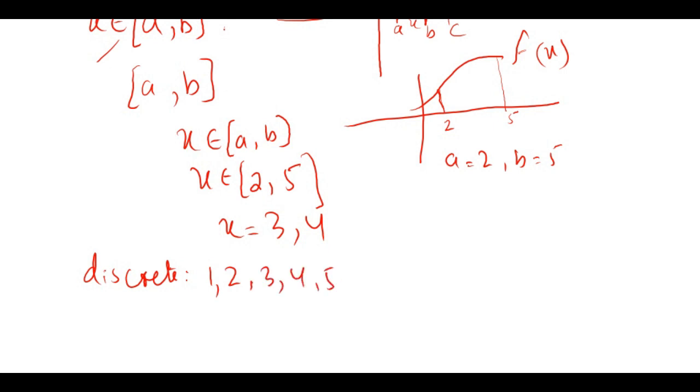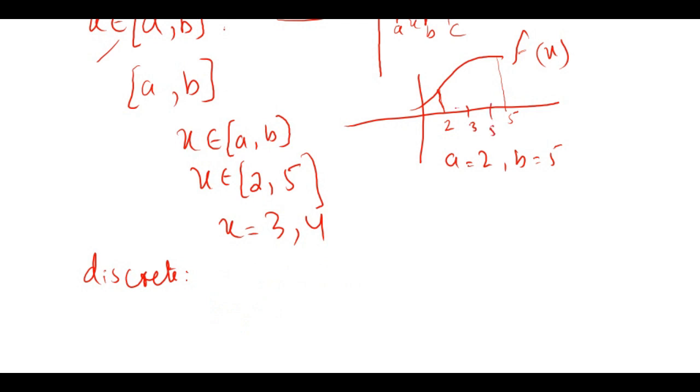It is not like 1.1, 1.2, those are the continuous distribution. So if x belongs to a and b, which are 2 and 5, x could be 3 and 4, provided these are discrete points.